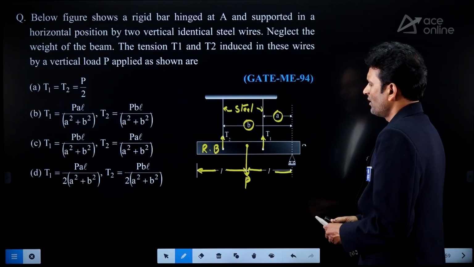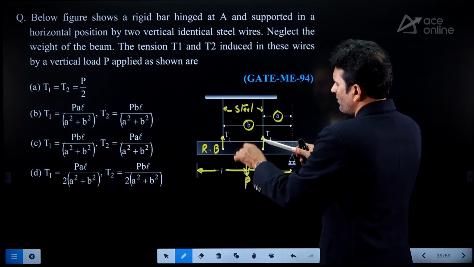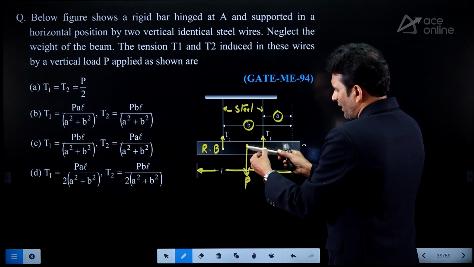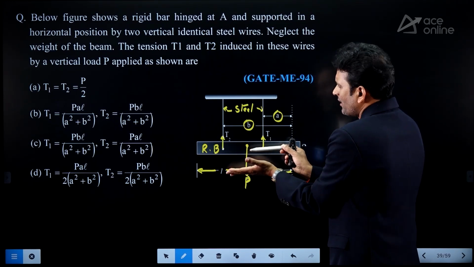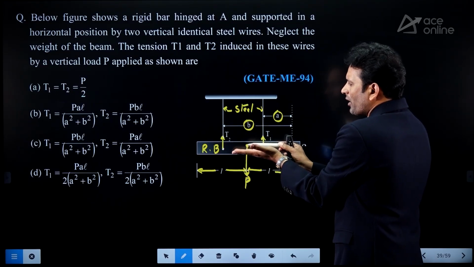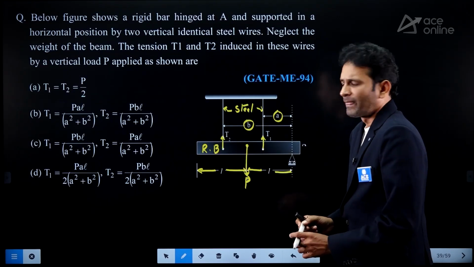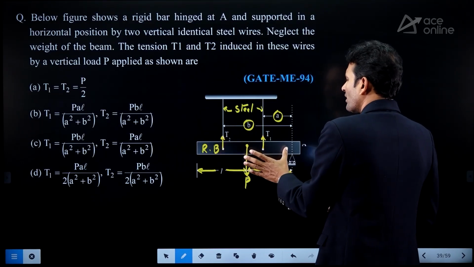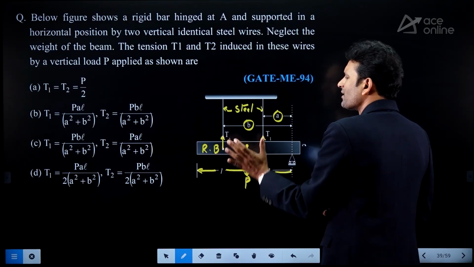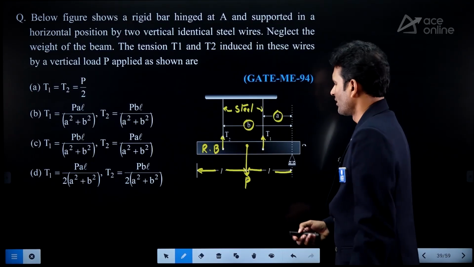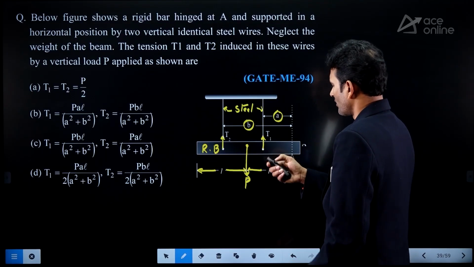Now, let us take that this P is pulling the rod in the downward direction, something like this. Then these two steel wires will try to keep the rod in the horizontal position. When they keep the rod horizontal, they experience some tension, T1 and T2. That only I need to find out. Now, what is the effect of P on this rod?